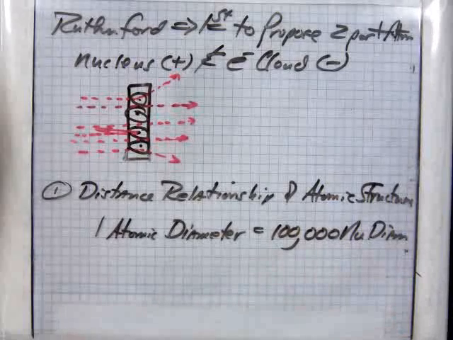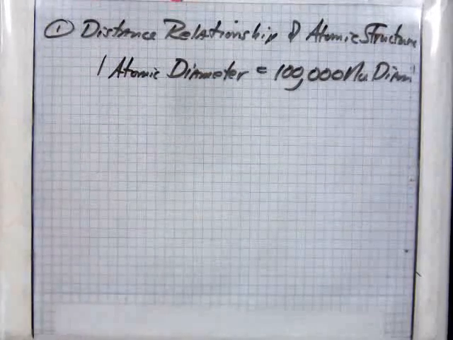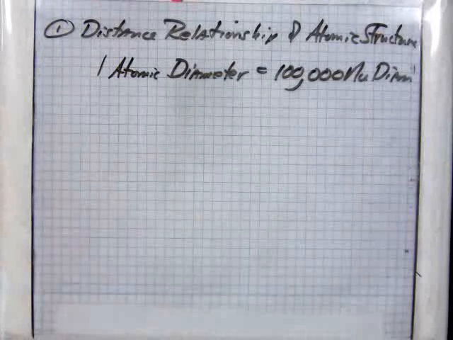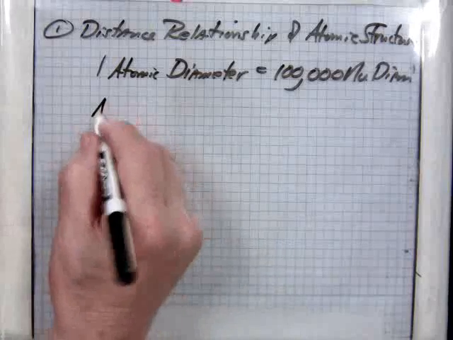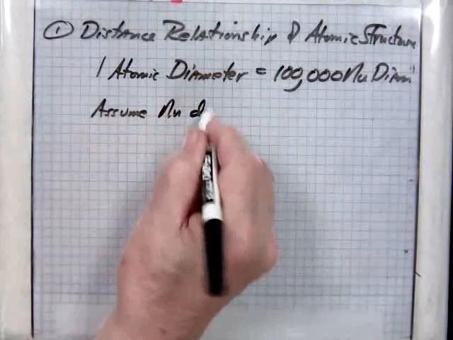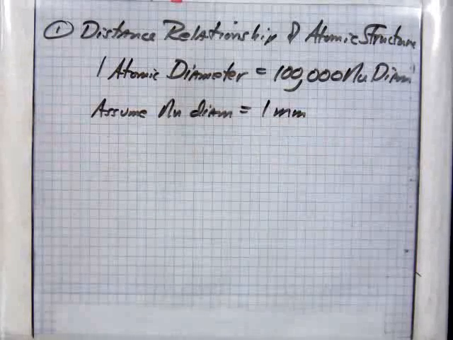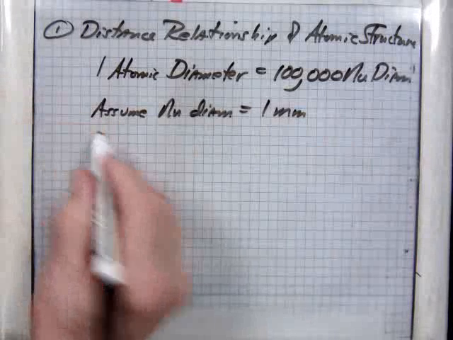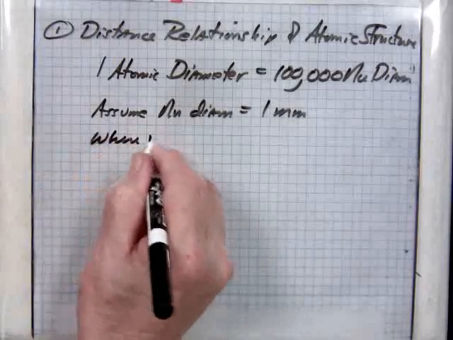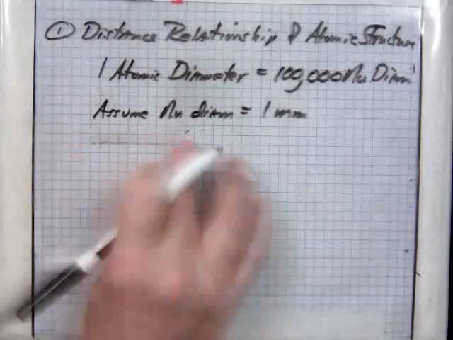So what I'm trying to teach you here is that if you selected an atomic diameter, say the size of a BB, maybe 1 millimeter, assume nuclear diameter equals 1 millimeter, about the size of a little buckshot or BB or something like that. Where would the edge of the electron cloud be? What would be, or I might say, what would be the radius of your atom?